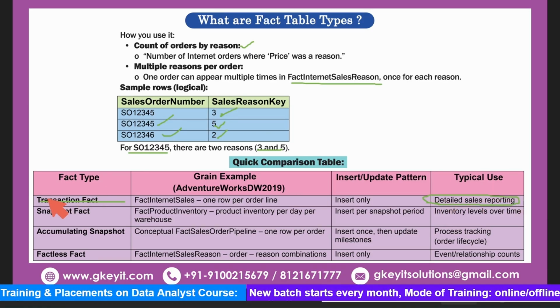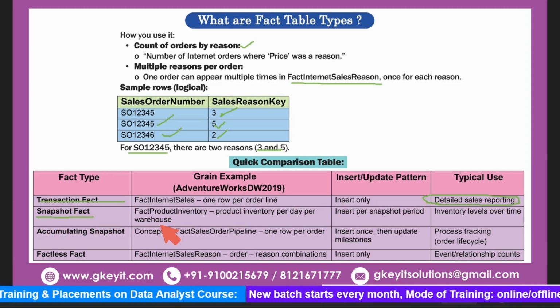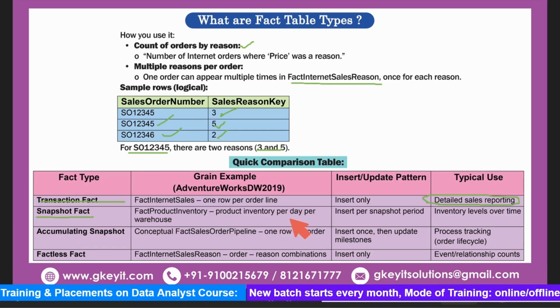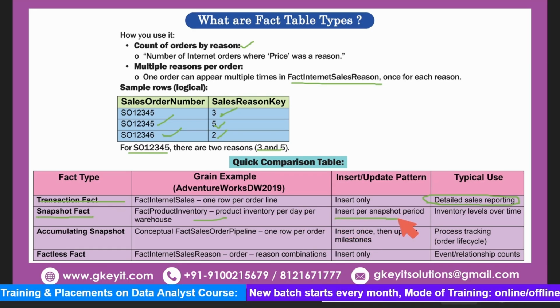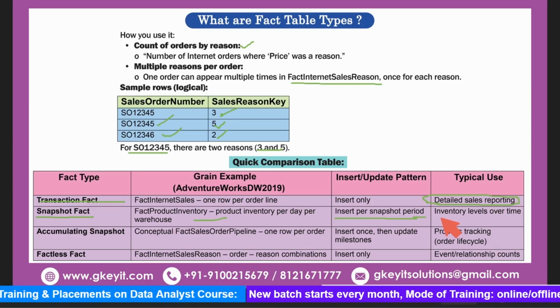Coming to the snapshot fact, the grain is like fact product inventory per day per warehouse, something per day, per month, per week. We use the snapshot fact with an insert per snapshot period, for inventory levels over time.